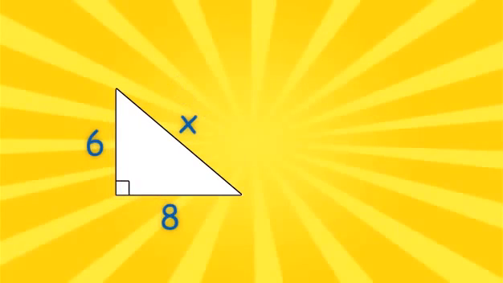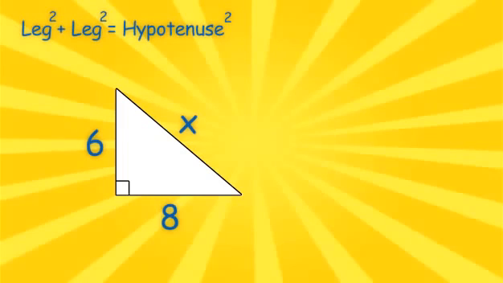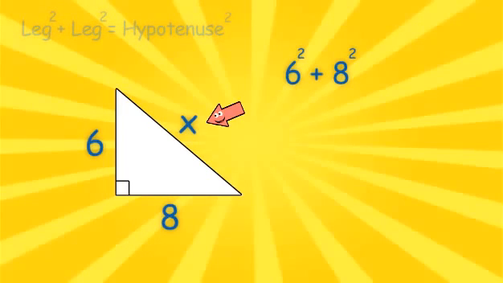Now I can set up my problem using the Pythagorean equation. Leg squared plus leg squared equals hypotenuse squared. I know that 6 and 8 are my legs, so I'll write 6 squared plus 8 squared. X is my hypotenuse, so I'll finish by writing equals x squared.